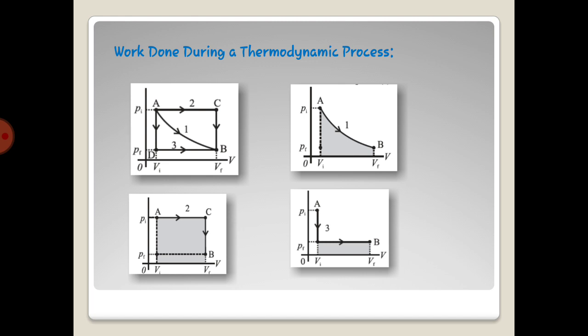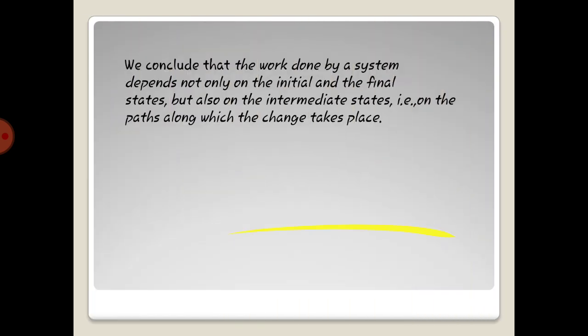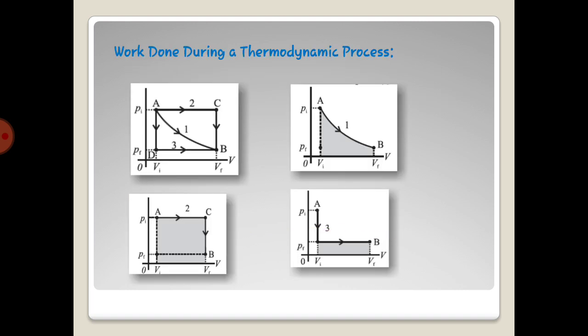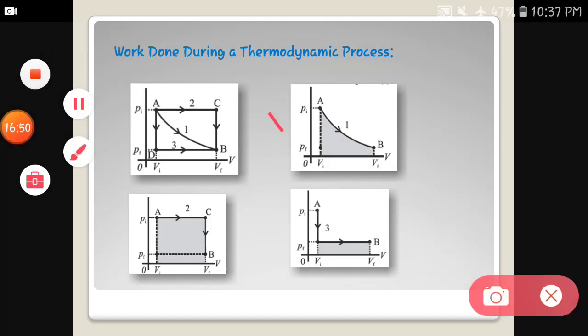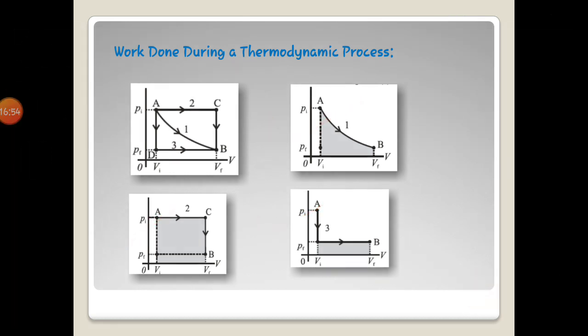Now observe all these diagrams. What you can conclude by observing all these diagrams? Consider the three diagrams. Have a look at this diagram and this diagram. Work done is different in all the cases.